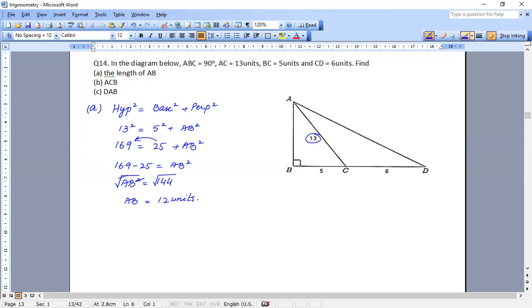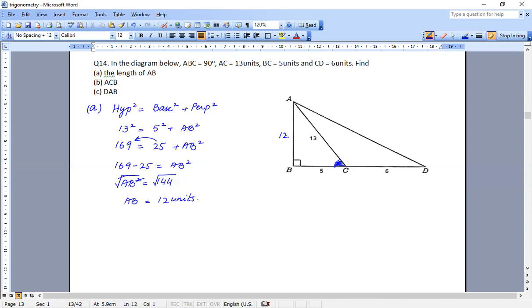Then part B. In part B, we are supposed to find out the angle ACB. This is angle ACB, which we have to find out. Now, after doing part A, I have this side as well, which is 12 units. I can use a trigonometric ratio here to find out that unknown angle.